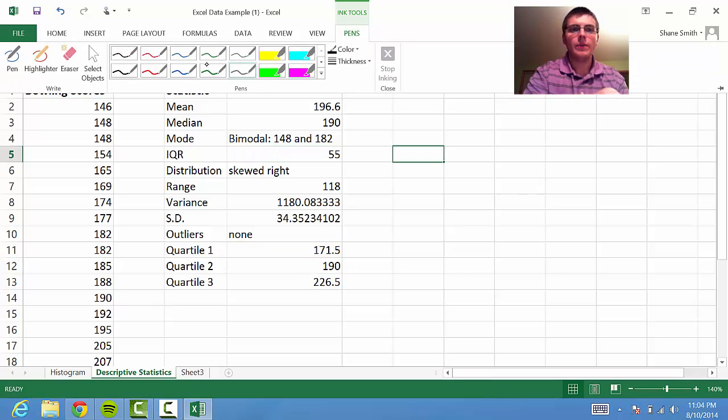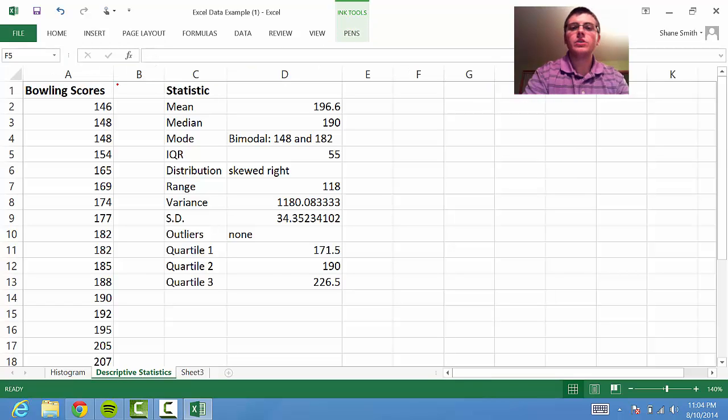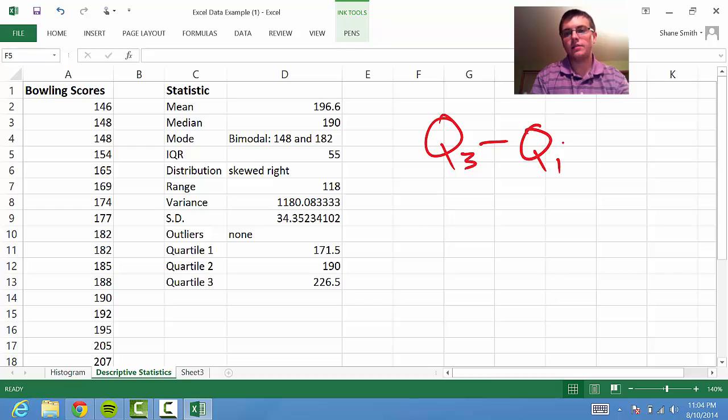Remember that to find an outlier, we have to look at the third quartile and subtract the first quartile. And we get that number. That's the interquartile range, and we're going to multiply it by 1.5.